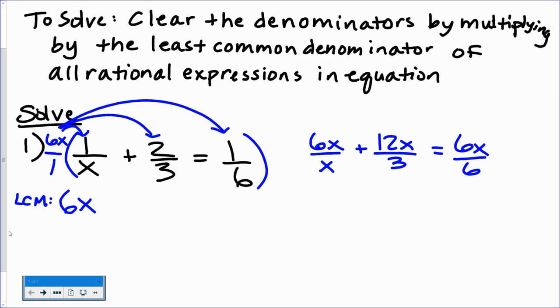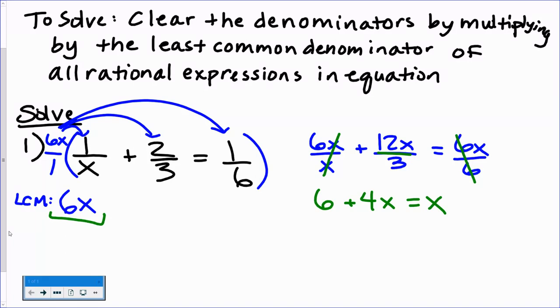Okay, so I just created a little bit bigger numerators, but what's going to happen is I can divide the denominator out with the top in every single fraction. So this would give me 6. 12 divided by 3 would be 4, and it has the x. 6 divided by 6, so I'd just be left with x. Okay, if I could not divide the denominator into the top, then I did not have the correct least common multiple, or I multiplied wrong.